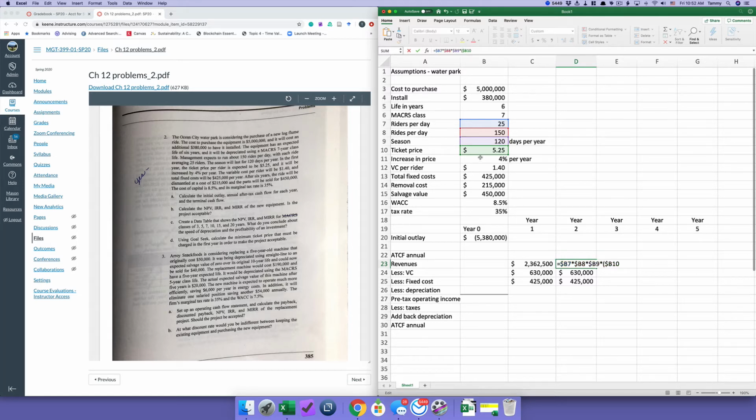So it's going to be the ticket price, which is found in B10, times another parenthesis, 1 plus the 4%, which is also going to be an absolute value like that. Okay. So if we drag it out again, it's just going to be the same number.